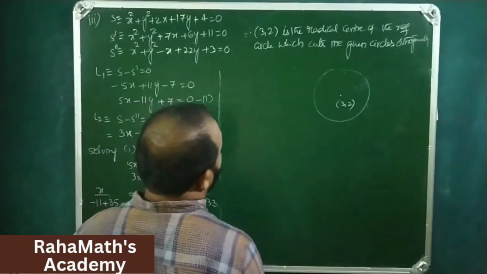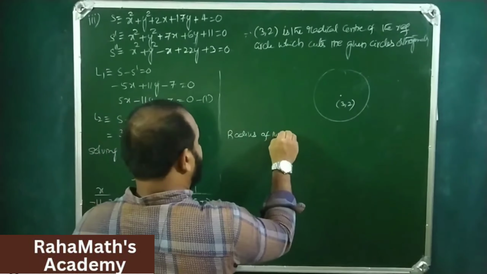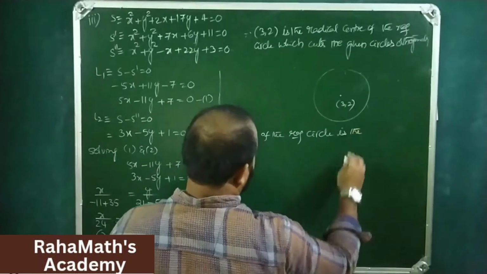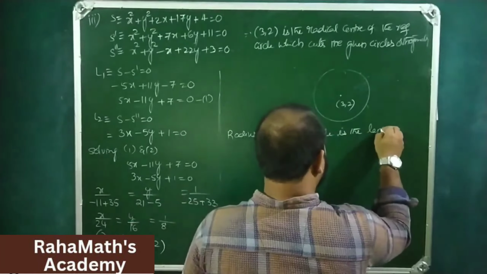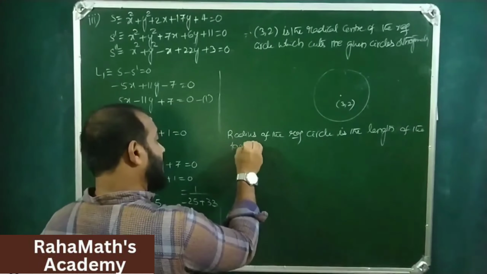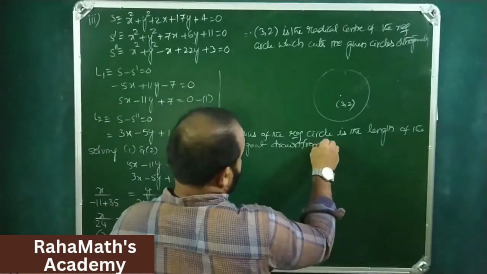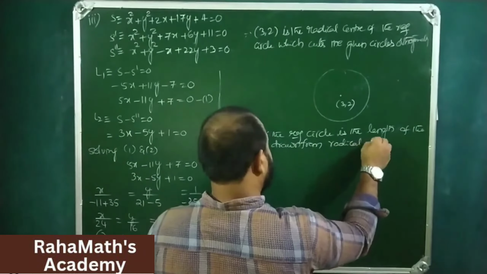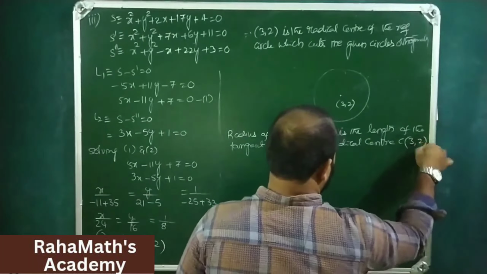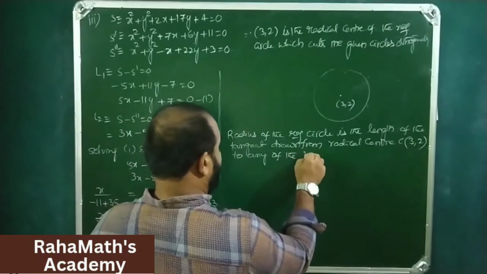Now, to find the radius, the radius of the required circle is the length of the tangent drawn from the radical center C (3, 2) to any of the three circles.